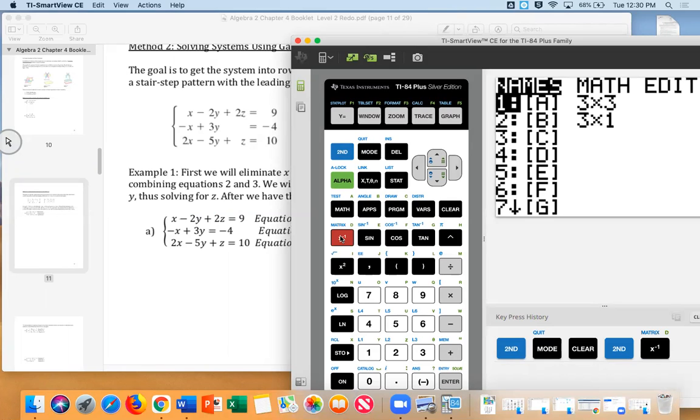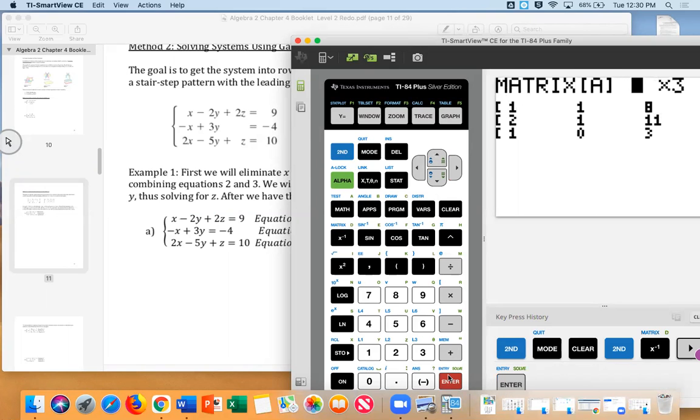If yours is not, we're about to change that. Does yours look like mine? Now we are going to go over to edit. Everybody go over to edit and hit enter. Whatever's in here doesn't matter. Now, how do I change this part up at the top? You're wondering, why does mine say 3 times 3?